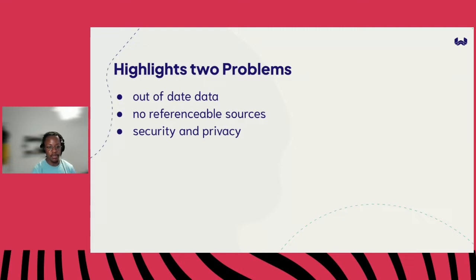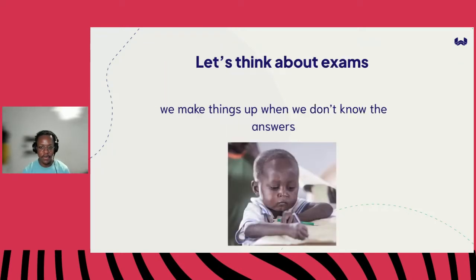We have a lot of these model providers that we shouldn't really just trust blindly. And security wise, a lot of companies and industries have laws and compliance regulations around what you can do with your customer data, with your user data. And so these are a couple of problems.